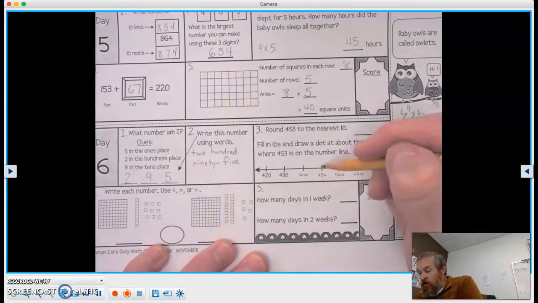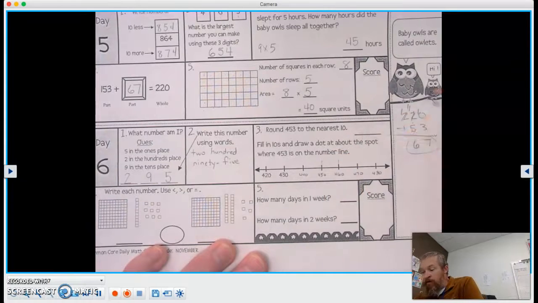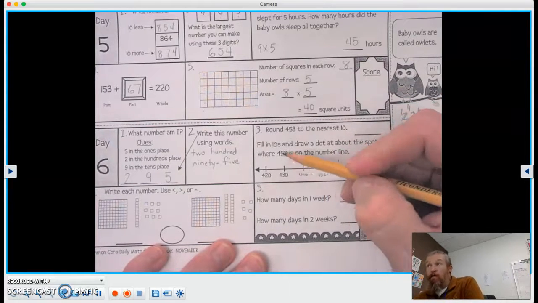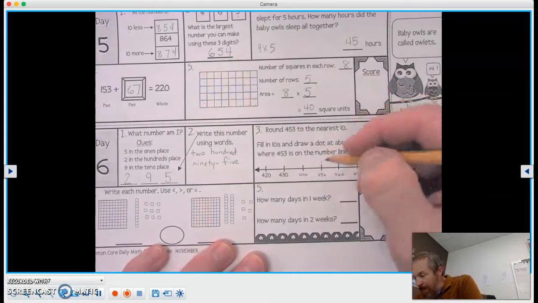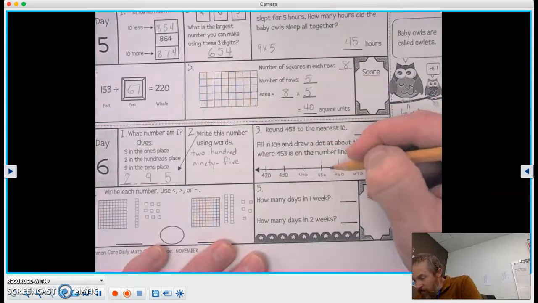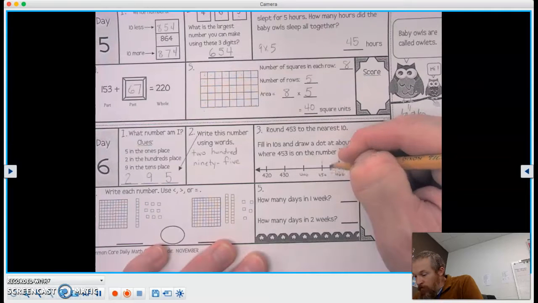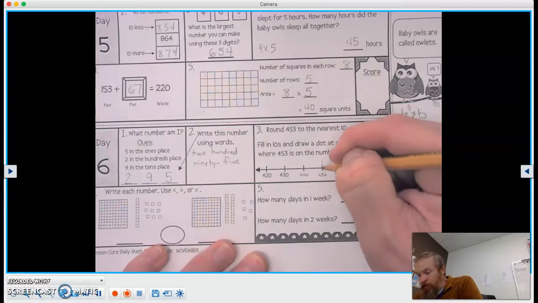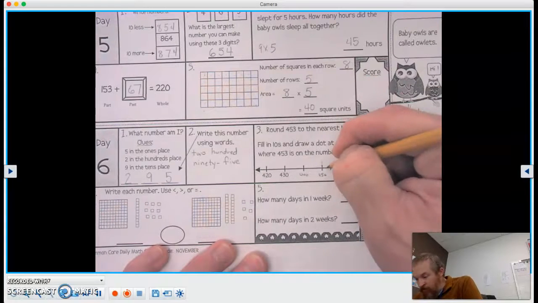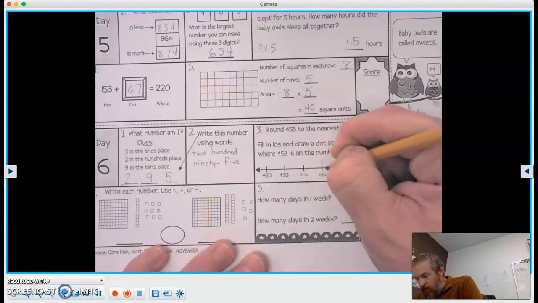So it's going to be between the 450 and the 460 because it's 450 something. So halfway is about right there, so that'd be about 455, right? So 453 is going to be between 450 and 455, so how about like right here? Let's put a big old dot right there.